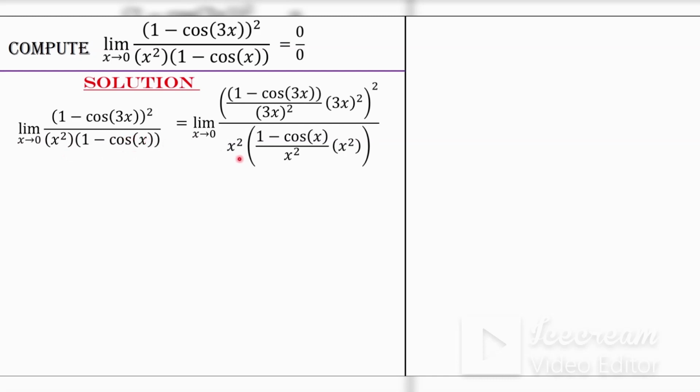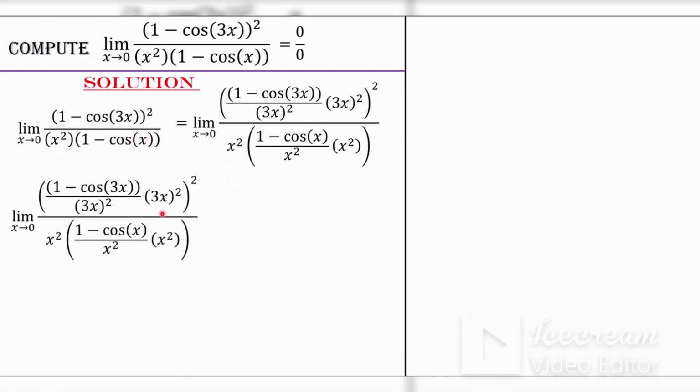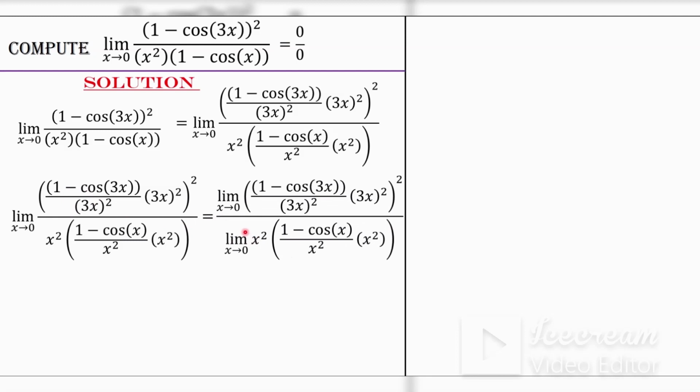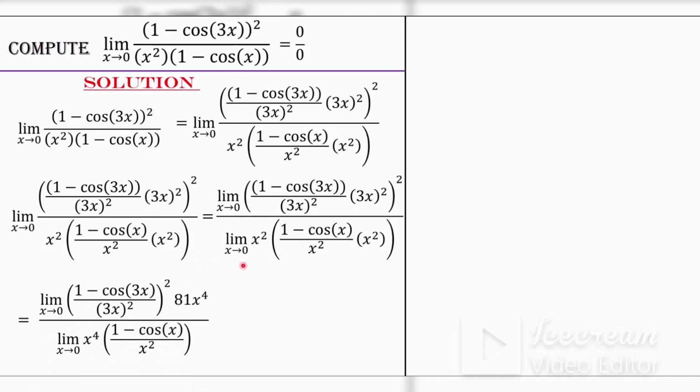So we can split the limits as the limit of the numerator as x tends to 0, and the limit of the denominator as x tends to 0. This is a property of limits: the limit of something rational is the limit of the numerator divided by the limit of the denominator.